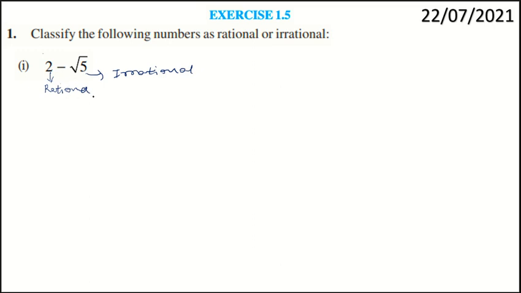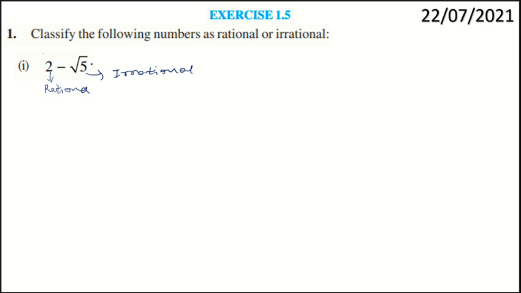You know the sum or difference or product or the quotient of one number being rational and another number being irrational will always be an irrational number. The sum of rational and irrational is an irrational number. The difference of rational and irrational is an irrational number.